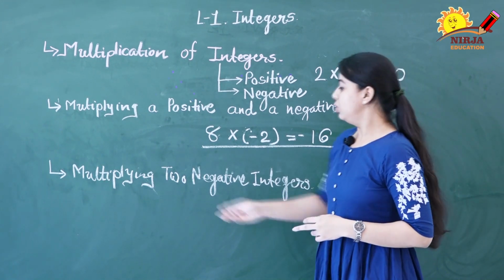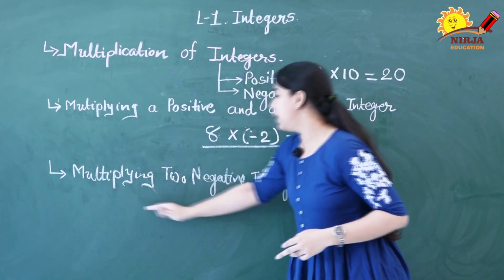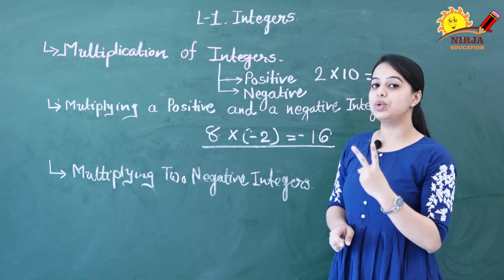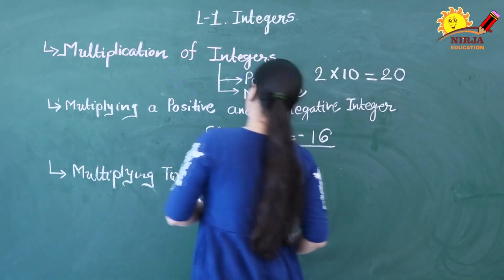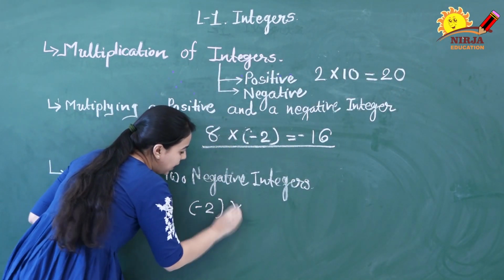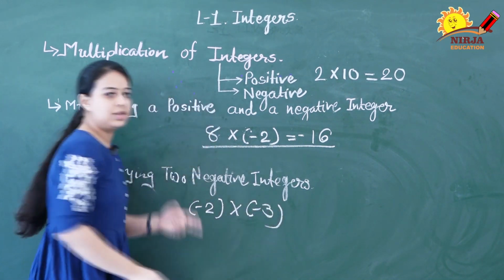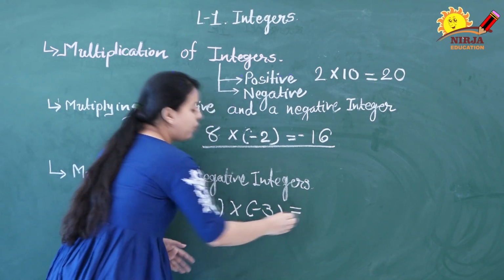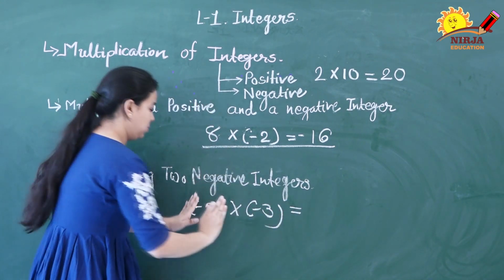Now let's move toward this point, multiplying two negative integers. What happens if we multiply two negative integers? Let's see that also by one example. Here I am going to take minus 2 multiplied by minus 3, and as you can see both the integers are negative. Here also first you need to ignore the sign.